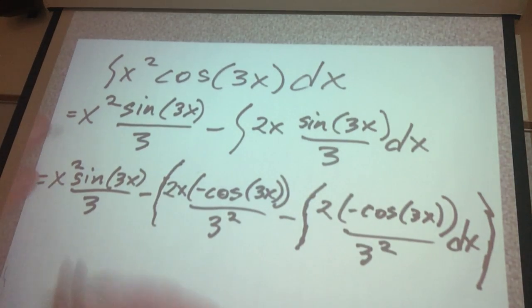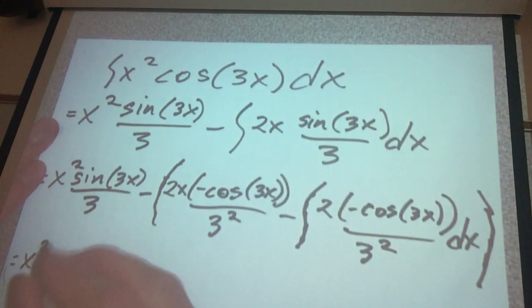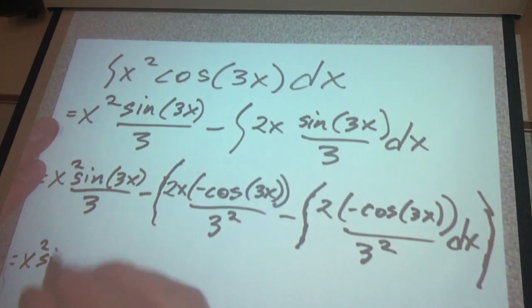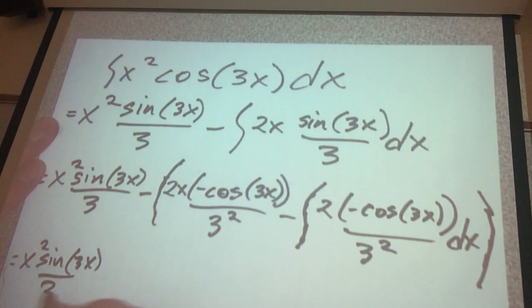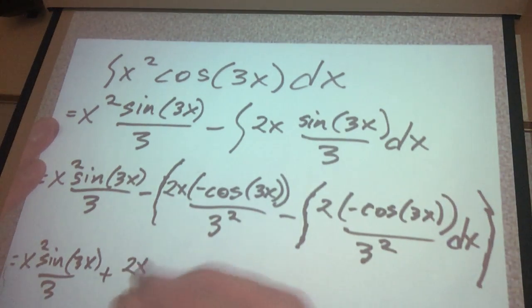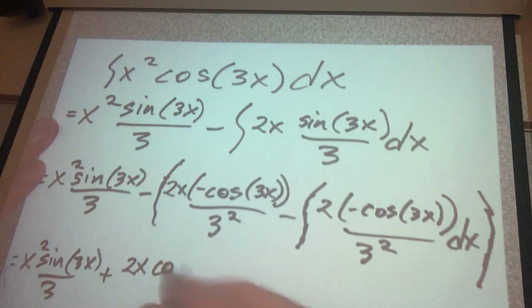So that becomes, right now, x squared sine of 3x divided by 3, and then minus and a minus, that would turn that into a plus 2x cosine of 3x divided by 3 squared.